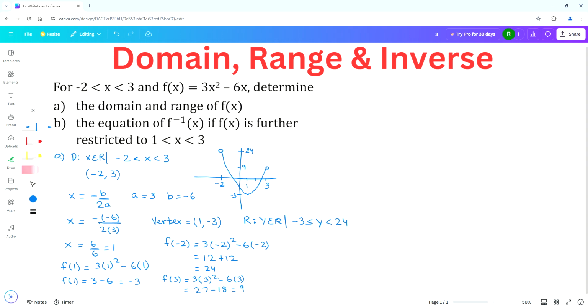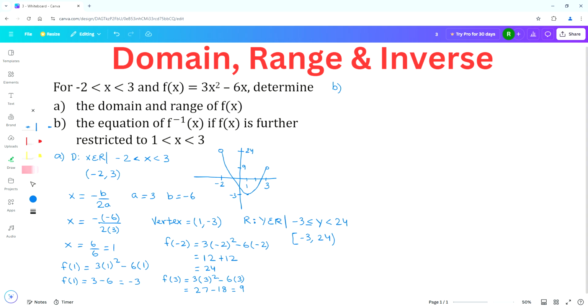We can write this range in interval notation as... we are done with part A. Now we can answer part B. We have to find the equation of the inverse of f(x) if f(x) is further restricted to x is between 1 and 3.